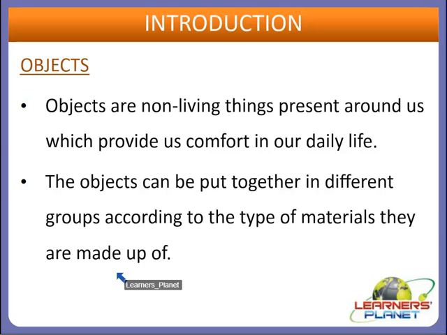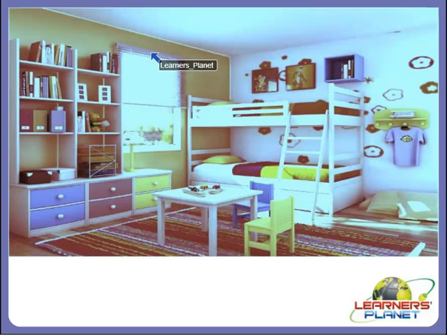So we can see that a material like glass can be used to make different objects like a glass bowl, glass jar, spectacles and mirror. So this is about the different types of objects which we use in our day-to-day lives.